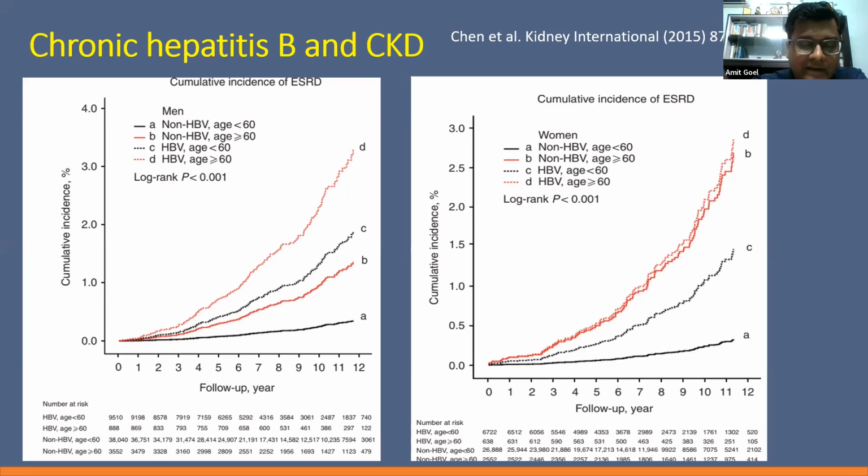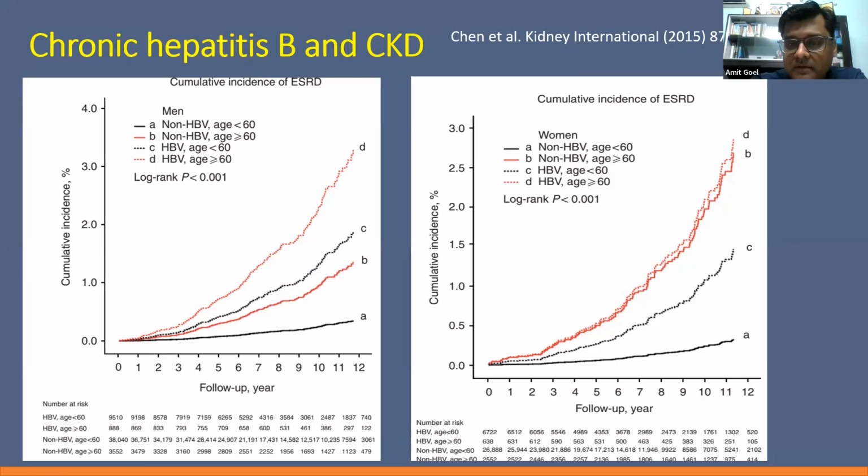So if you see in the left panel, in both the age categories, the black dotted one has to be compared with the black solid line, and the red dotted line has to be compared with the red solid line. We can see that for both age groups, less than 60 and more than 60, the risk of ESRD was higher in HBV cohort in men as compared to non-HBV cohort.